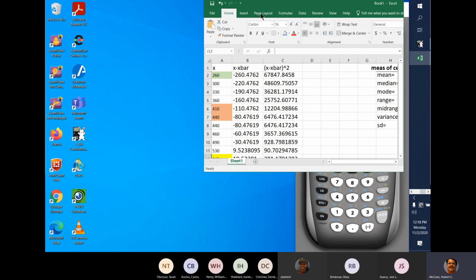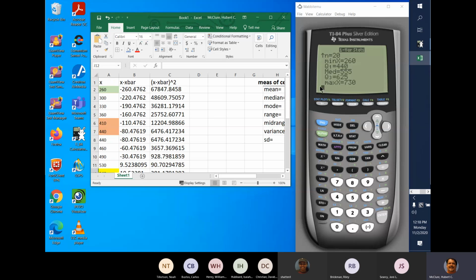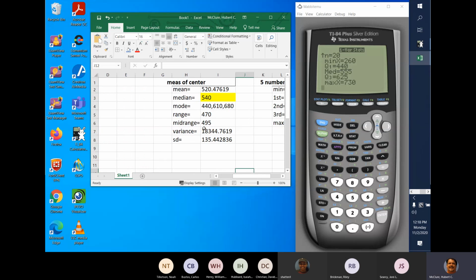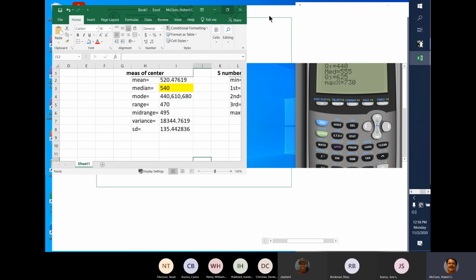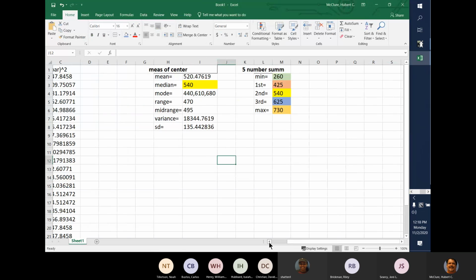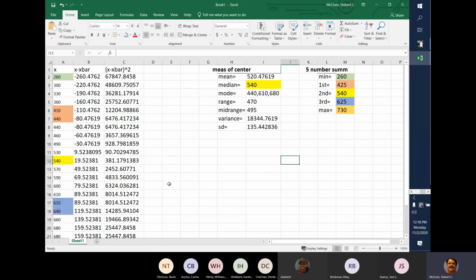I got something wrong. My median's wrong. Yeah, the median is 540. I got 555. I got something typed in wrong. Does anybody see anything typed in wrong?